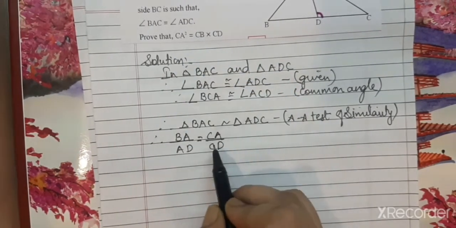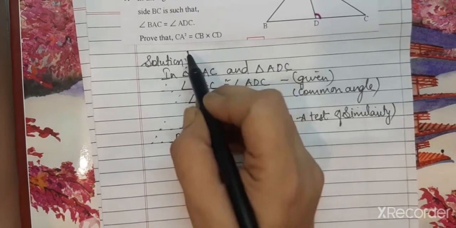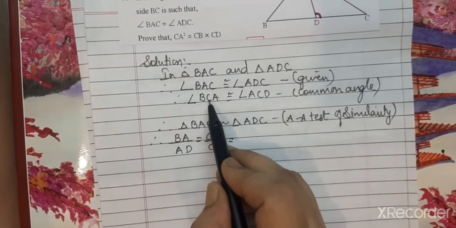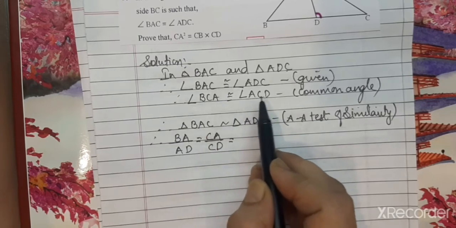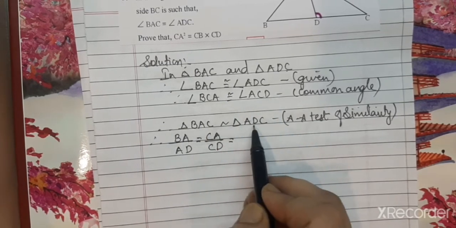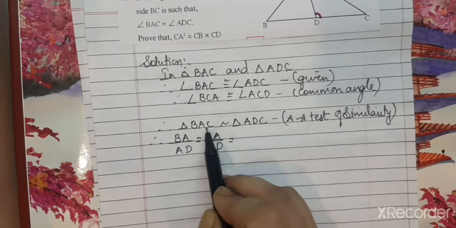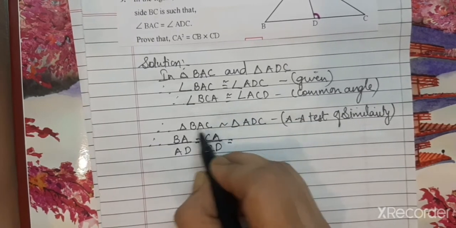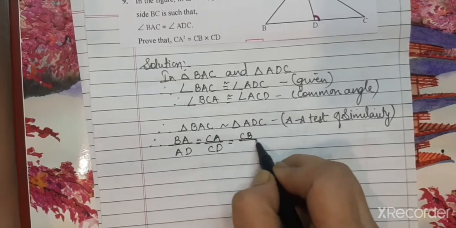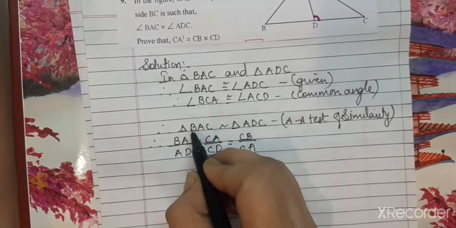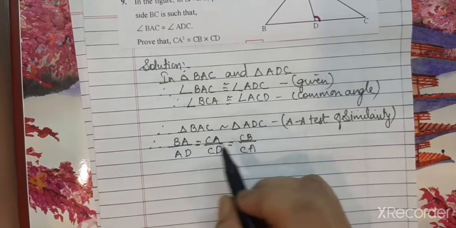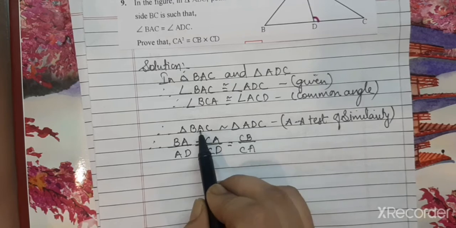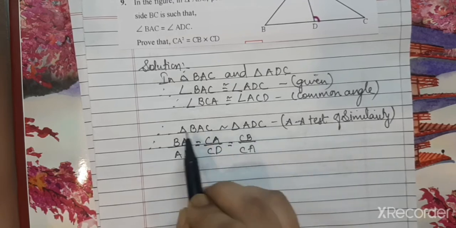So try to write CA, don't write AC, so it is easier for you to get the answer fast. BA upon AD, CA upon CD, and what is the last one? CB upon CA. So all the possible three ratios: first and second, then second and third, then the first and third.